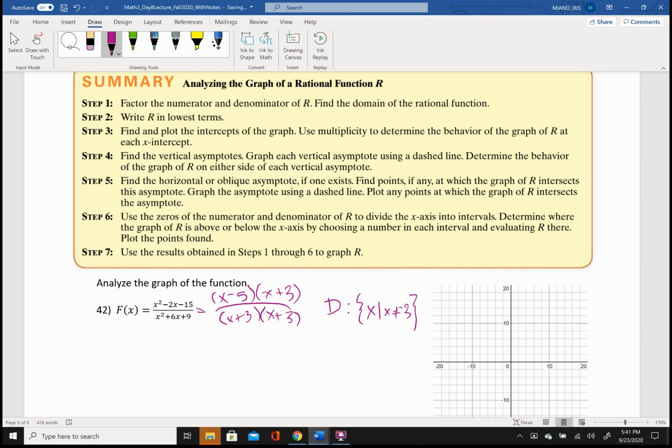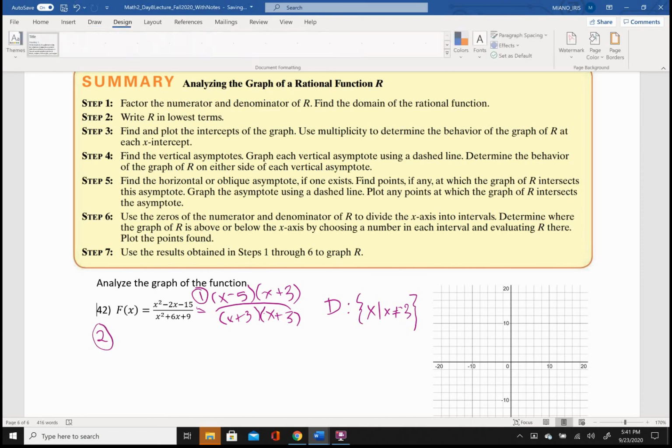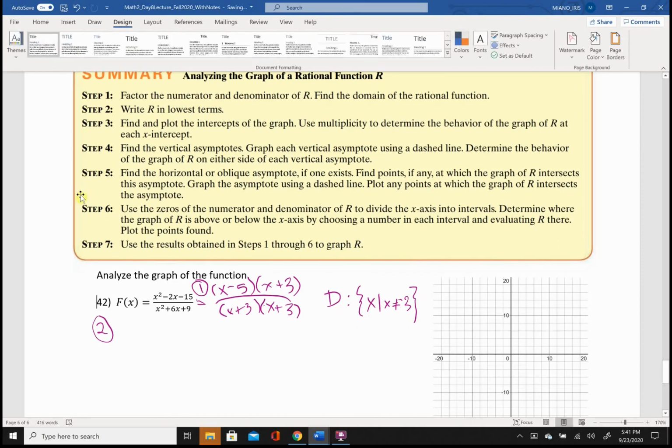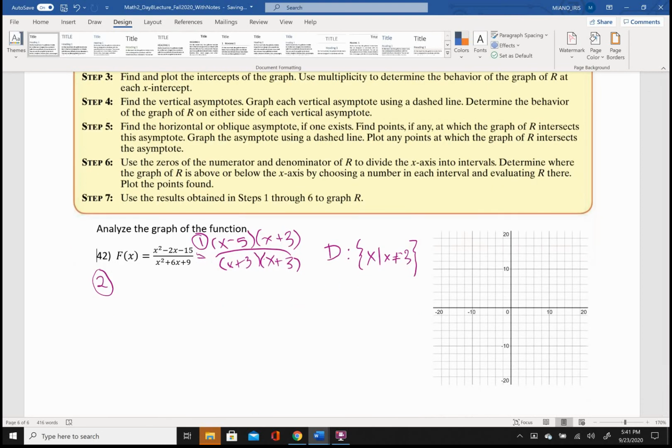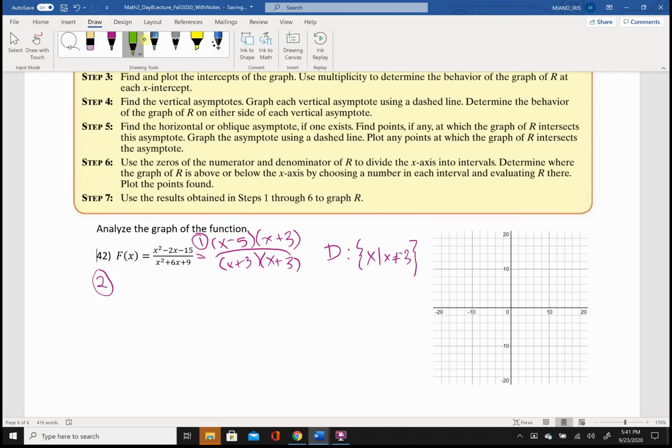So that's the factored form, or factor it and then state the domain. So that was part 1 right there. Part 2. We are going to write r in lowest terms, and there's actually some work to do here, folks, because there is a common factor of x plus 3 that can cancel.